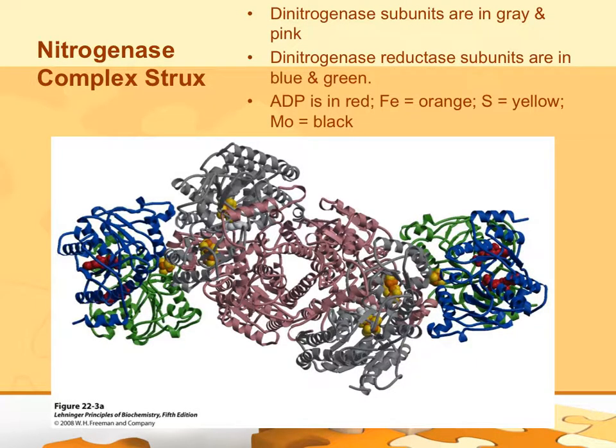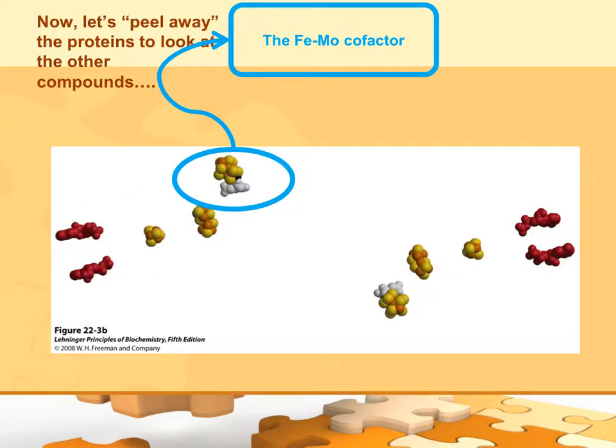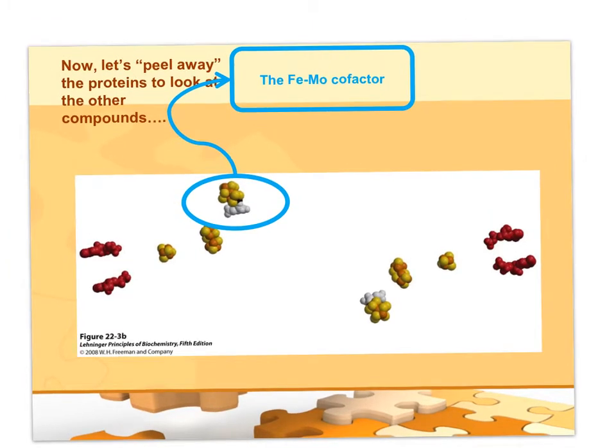I'm just going to go quickly over this to show you that we can have these super complexes. I'm going to start on the outside, in the sense that these are the dinitrogenase reductases, which are directly adjacent to the dinitrogenases, which would be ultimately where the fixation of nitrogen would occur. But if we peel all that back, you can see the other compounds.